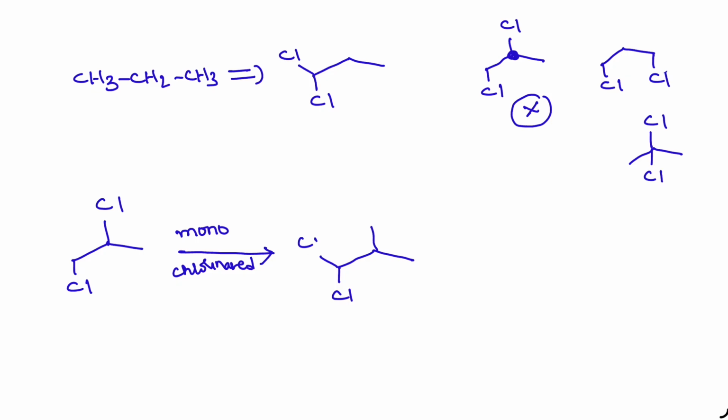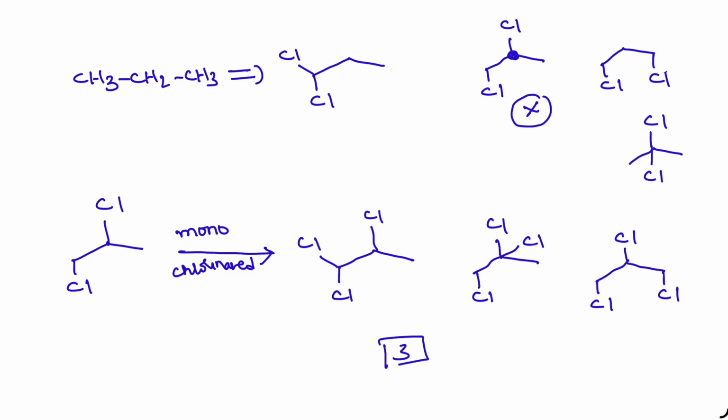So chlorination on first carbon, chlorination on second carbon, chlorination on third carbon. You can do chlorination here or here or here, the result must be same. So here when we do 1,1,2 trichloro, 1,2,2 trichloro, 1,2,3 trichloro, so we are getting three structures, so answer must be 3.